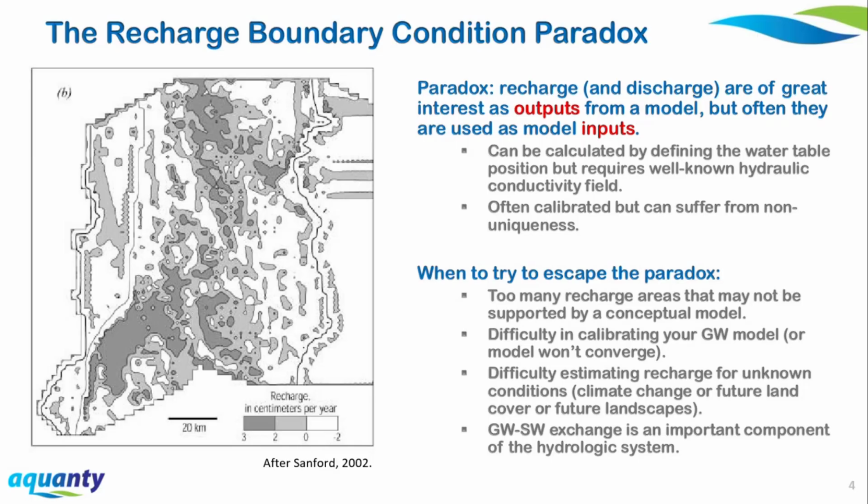That's a very common one that we hear from our clients and customers. You may also be having trouble calibrating your model to observed groundwater heads, or you may not even be able to get your model to converge. That's often been an application for HydroGeoSphere, to reconfigure an existing model and actually get it to converge.